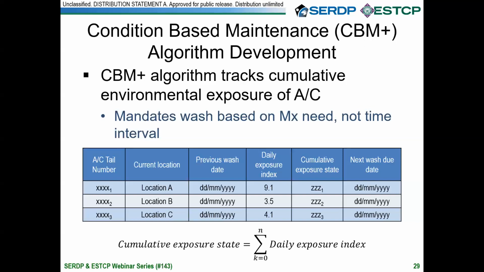This would be a very large table. Then the last date that it was washed, which would reset that coefficient to 0, and then the daily exposure index, and the cumulative exposure state, which is just the sum of the daily exposure indexes, that mu from the last chart. And then it will spit out a next wash due date, or a wash window. So don't wash before this, but do wash before this date.